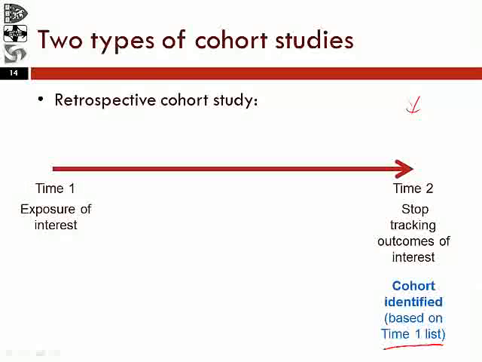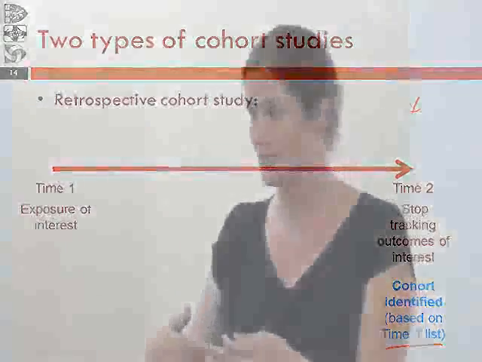So I may say, I want to do a study in the antenatal care clinic and see what their outcomes are. I will start today, but I'm going to look at women who came for ANC a year ago and see how they are doing today. So maybe I look in the register from a year ago and find women who came for ANC.